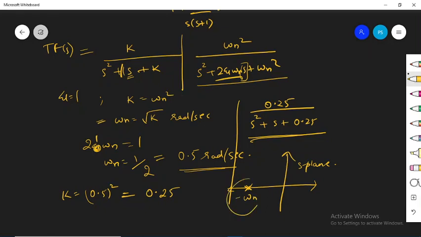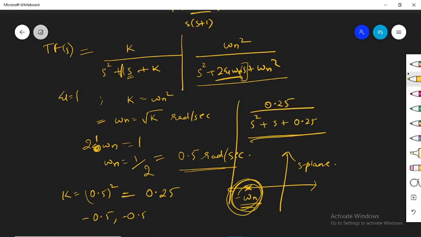So both the roots that I'll be getting for the system, they'll lie at minus omega n. Omega n's value is 0.5. Hence the roots of the system will be lying at minus 0.5 and minus 0.5. These are going to be the two poles, the location of the poles of the system.